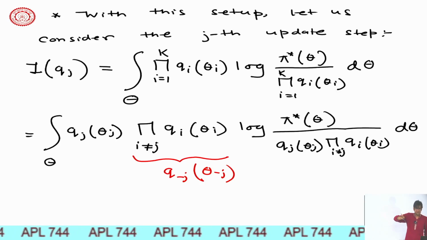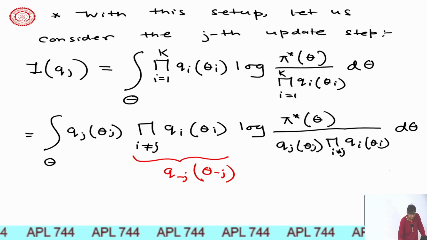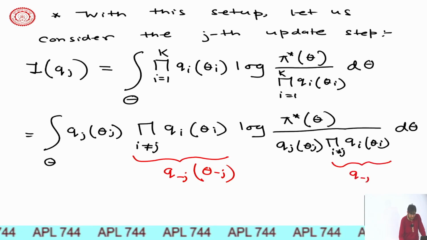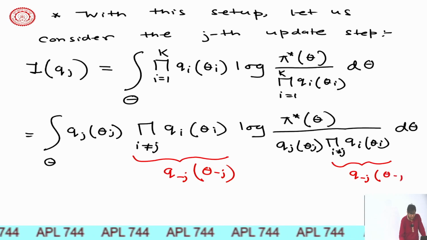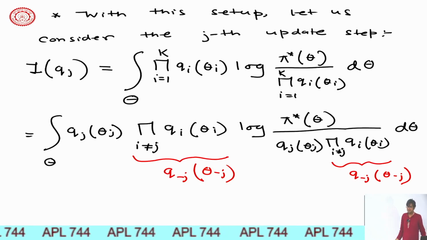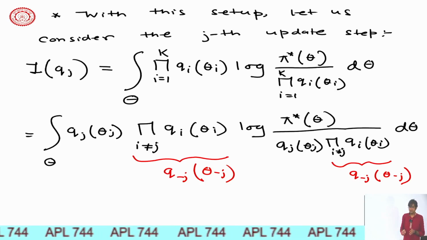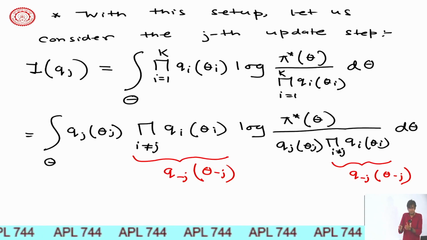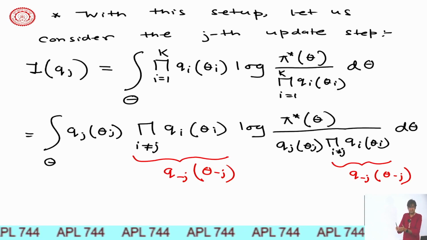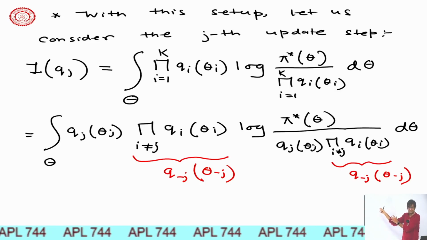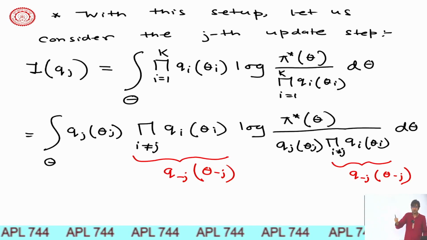Same will happen here also. This will become q minus j theta of minus j. This fundamentally means q1 theta 1, q2 theta 2, qj minus 1 theta j minus 1, qj plus 1 theta j plus 1. So the j I will skip, and then it will go up to k. So only the jth one will not be there.